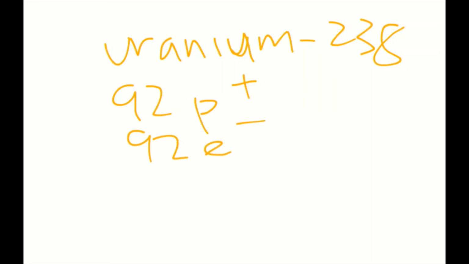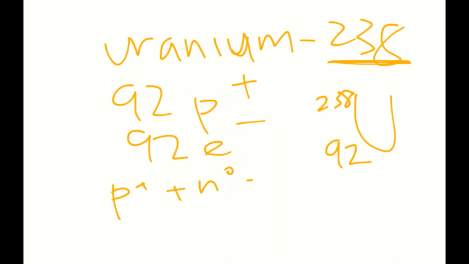Now, how can we figure out how many neutrons it has? Well, we can first write out the nuclear symbol, the element name, with 92 protons as its atomic number, and its mass number is 238. So how can we figure out how many neutrons there are? We know that the number of protons plus the number of neutrons is equal to the mass number, which is 238, and the number of protons is 92.